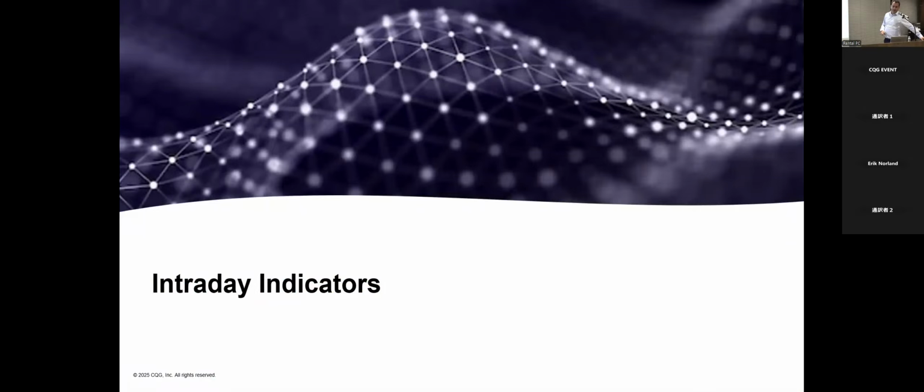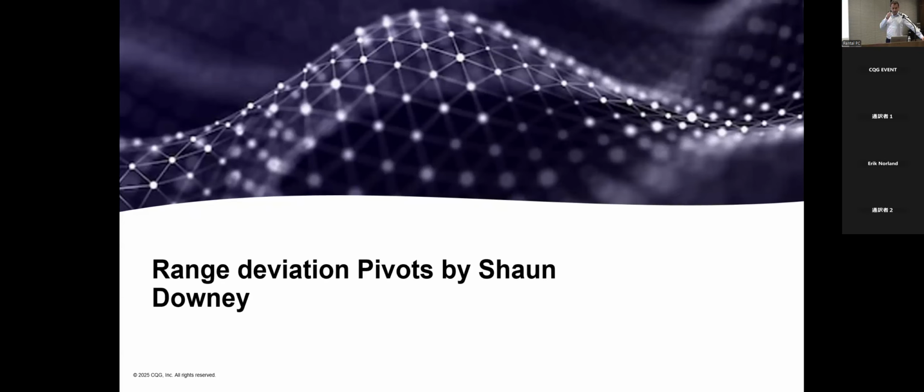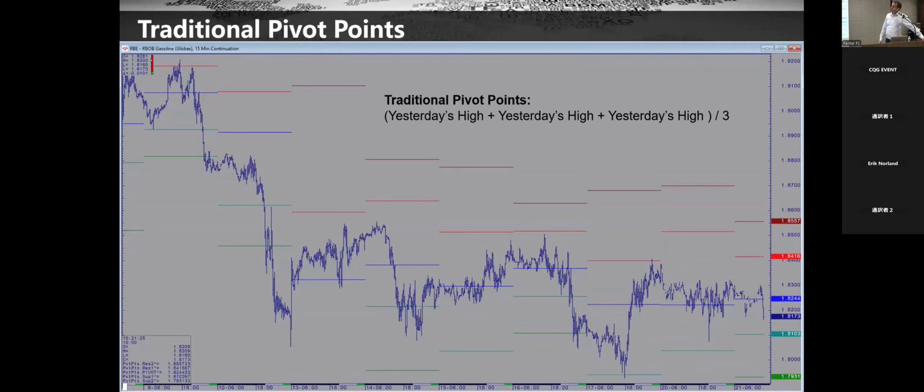Another set of indicators that I want to show that is available and purely on an intraday basis is the range deviation pivots shown down here again. So there's a few pivot points here that we can see.